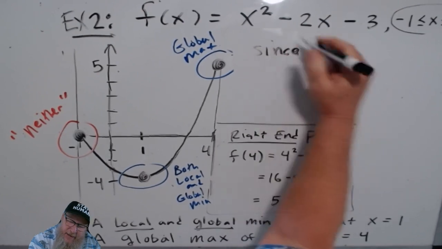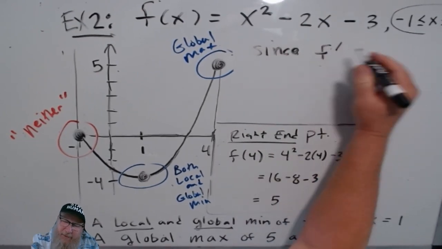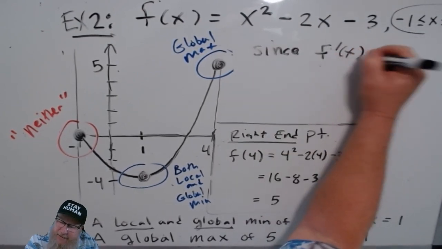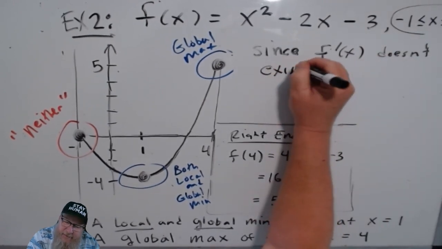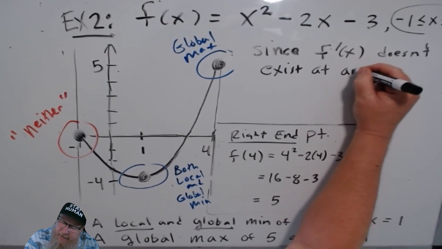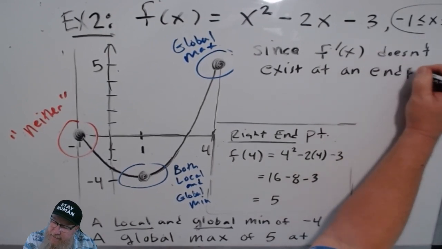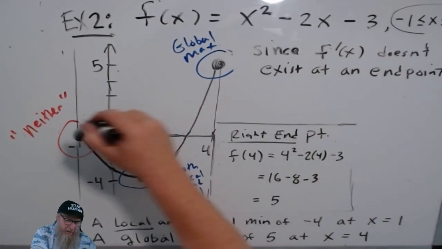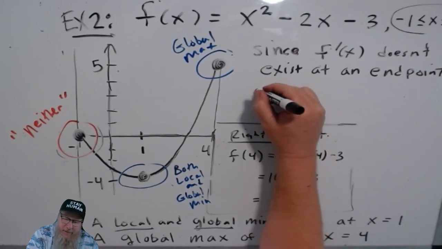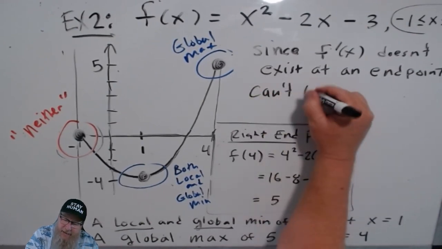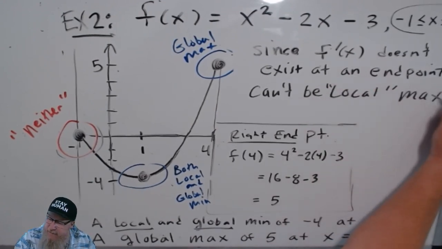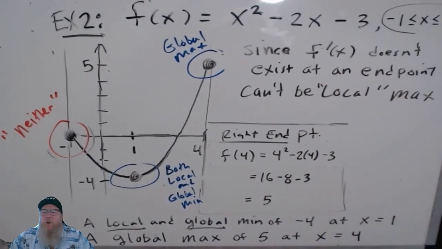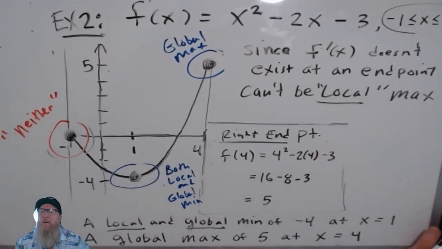Since f prime of x does not exist at an endpoint, either one, left or right, it cannot be a local max or local min. It can't be local anything. You cannot apply the word local.